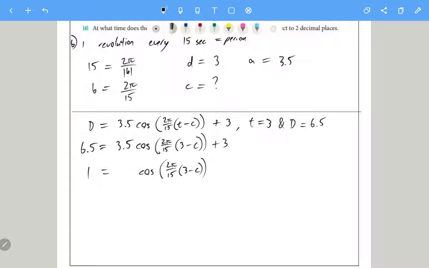And once again, we're going to need to work out what happens here. When is cos equal to 1?